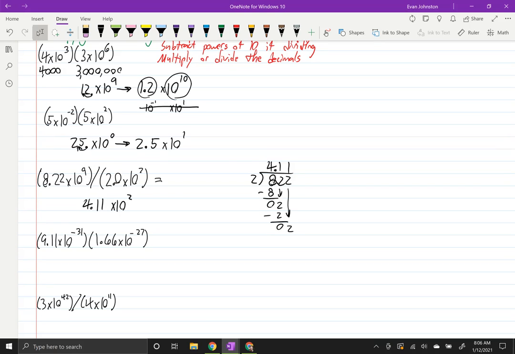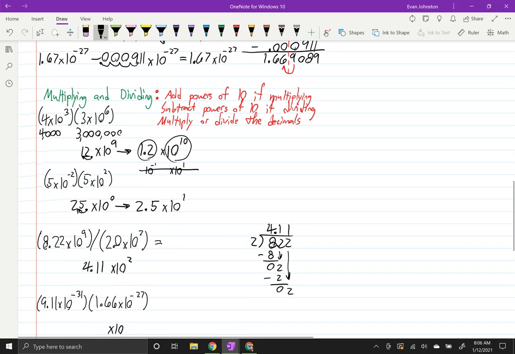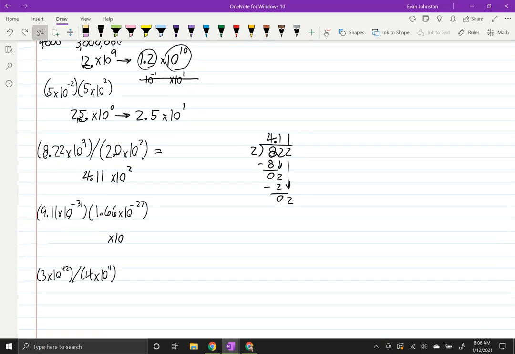Now, we have some more multiplication, but now we have really small numbers instead of really big numbers. The neat thing is that we're still just multiplying, so we add the powers of 10. I would like to mention that when you have something to a negative power of 10, that really means you're dividing by it.